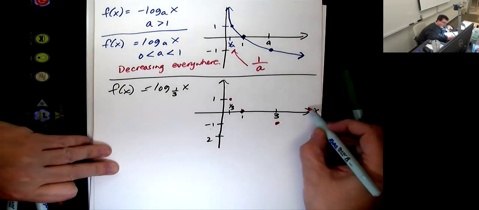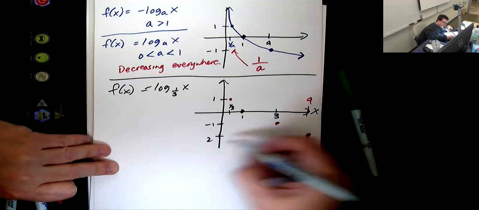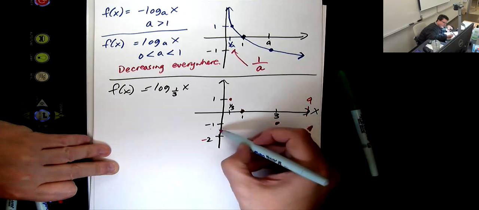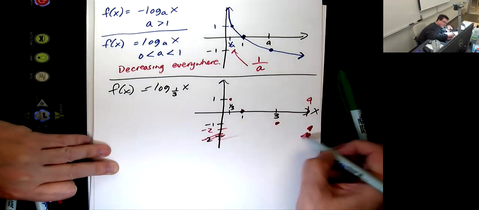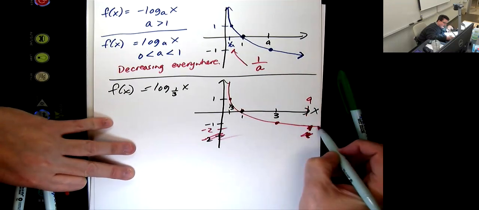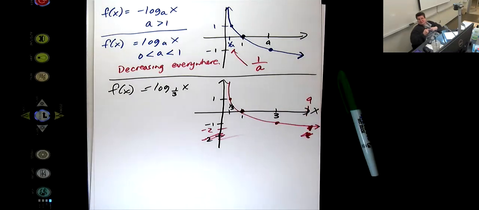And if I plotted it, 9 would be way over here at -2. Maybe I'll elevate the -2 up to make up for my graph looking off, because it should curve like a parabola there. That's what you get for not drawing the scale, Mr. Jones.